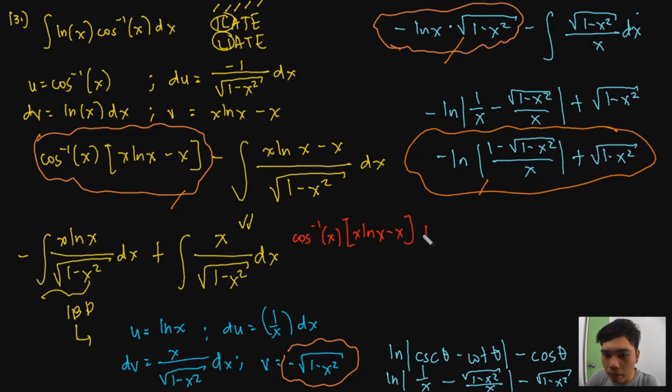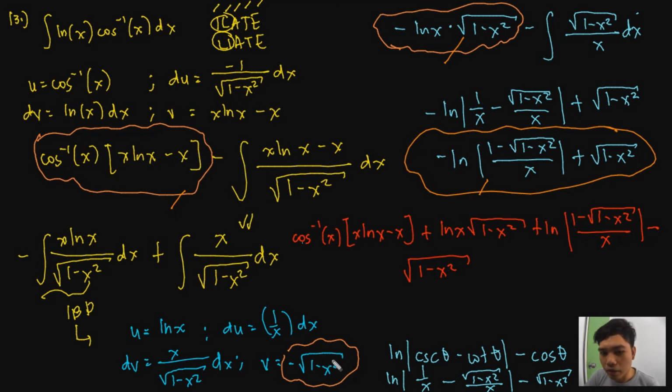That becomes plus, okay, plus ln of x square root of 1 minus x squared, and then this becomes positive ln of 1 minus square root of 1 minus x squared over x, and then minus square root of 1 minus x squared. But then again, we also have to incorporate this, that is plus this answer that is actually minus square root of 1 minus x squared.